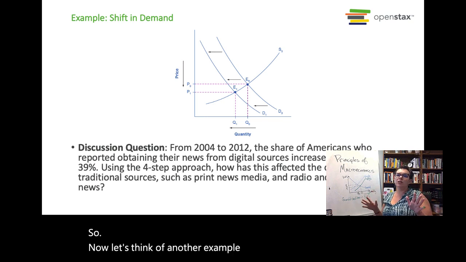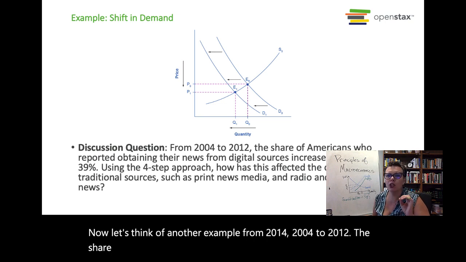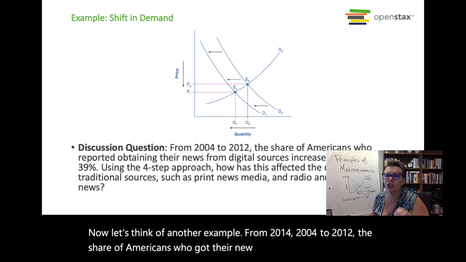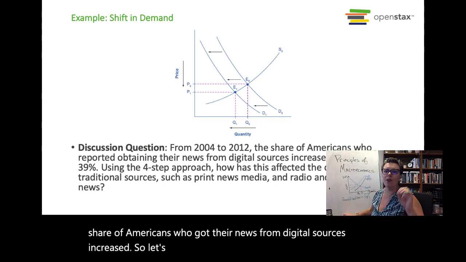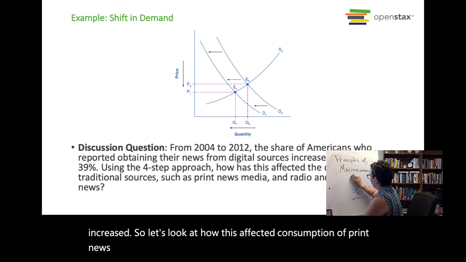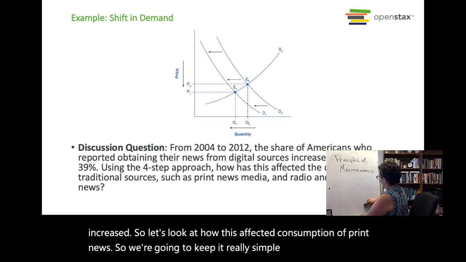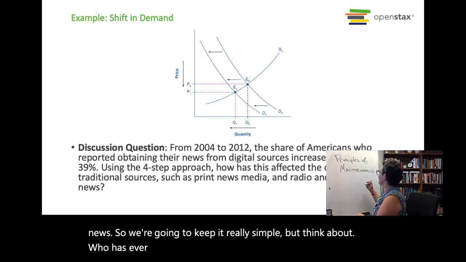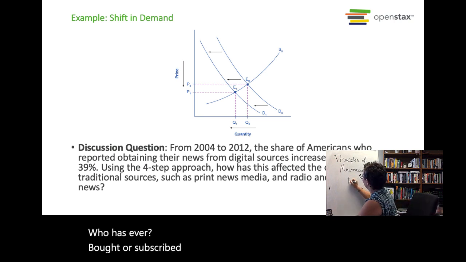From 2004 to 2012, the share of Americans who got their news from digital sources increased. So let's look at how this affected consumption of print news. And so I'm going to keep it really simple, but think about who you know who has ever bought or subscribed to a newspaper.